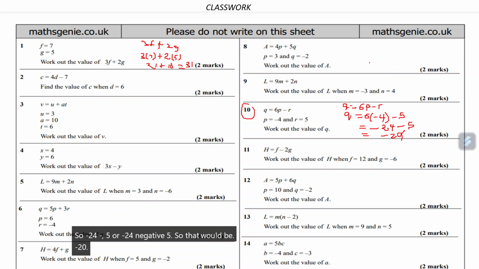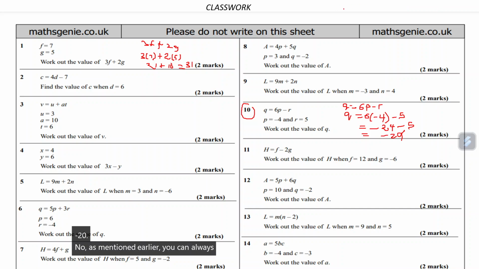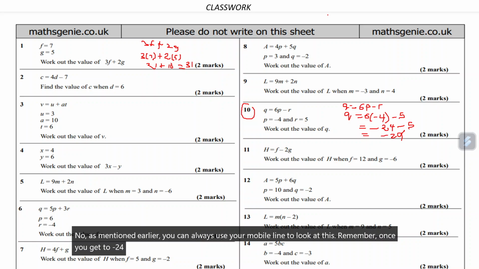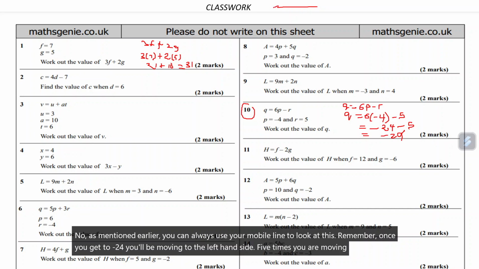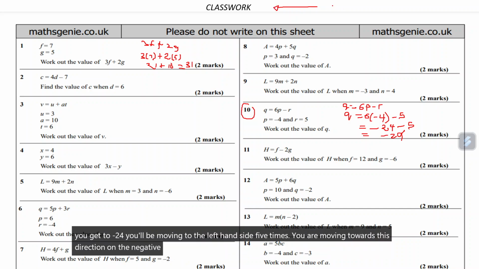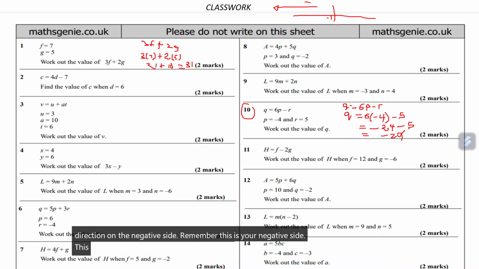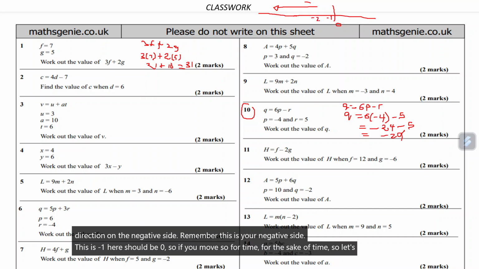As mentioned earlier, you can always use your number line to look at this. Remember, once you get to negative 24, you will be moving to the left hand side 5 times. You are moving towards this direction on the negative side. Remember, this is your negative side. This is negative 1. Here should be 0. So for the sake of time, let's imagine this is 24.